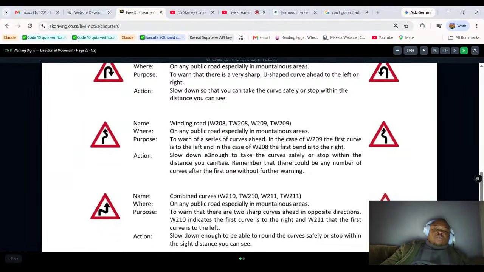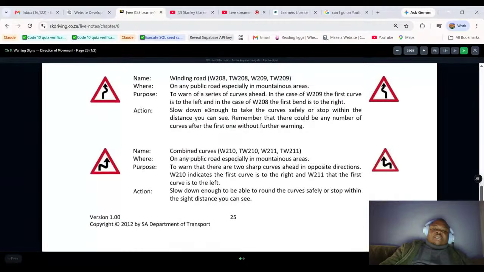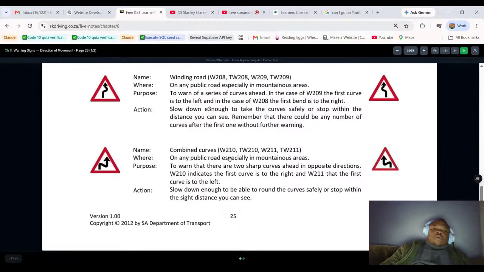You have to slow down enough to take the curve safely or stop within the distance you can see. And then we have combined curves. They are found on roads, especially in mountainous areas, and the purpose is to warn you that there are two sharp curves ahead in opposite directions, so slow down enough to turn.